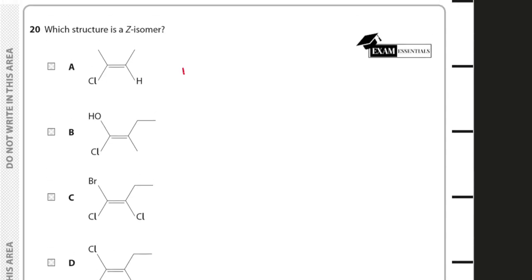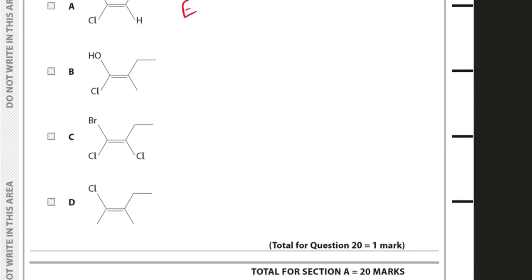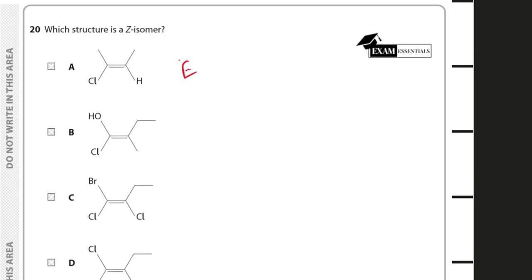Okay, if we want to compare between E and Z isomerism, the first thing we need to do is learn the basic facts about E and Z isomerism.